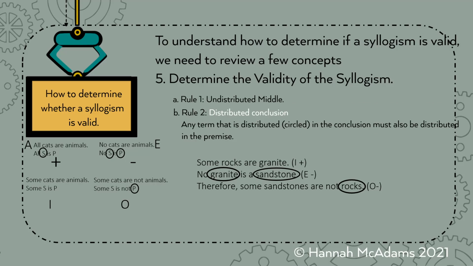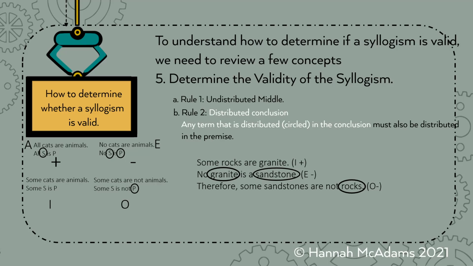Okay, let's do distributed conclusion. Any term that is distributed or circled in the conclusion must also be distributed in the premise. So is there anything circled in the conclusion? Rocks. Rocks is circled in the conclusion, which means that it also has to be circled in the premise.